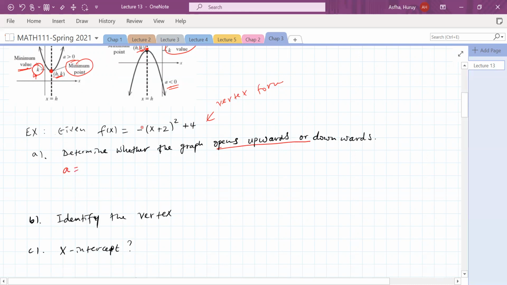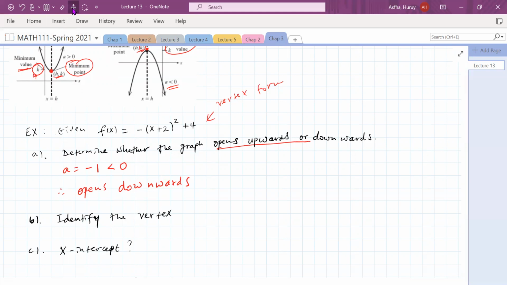We just look at the coefficient of the first term, and that's given by this value. In this case, our A is -1, which is less than 0. Therefore, the graph opens downwards. Just by looking at this, I can say the graph opens downwards.